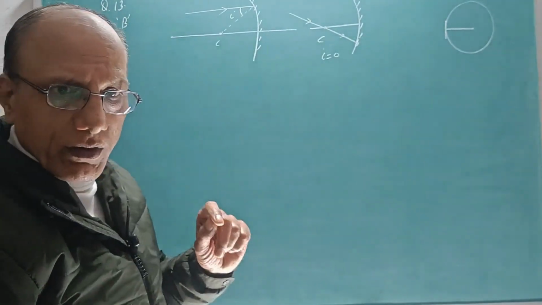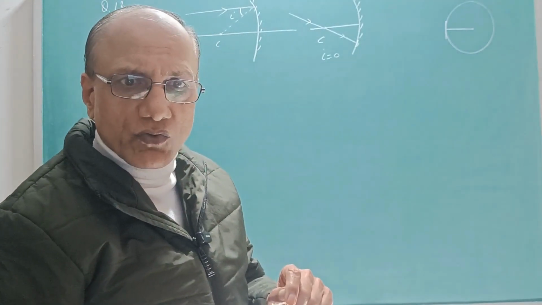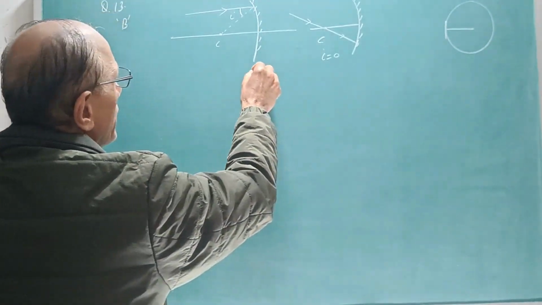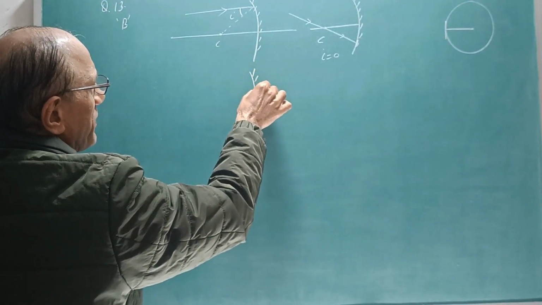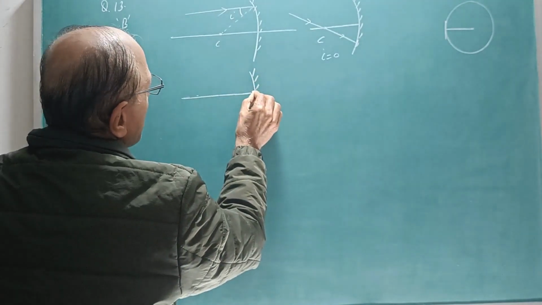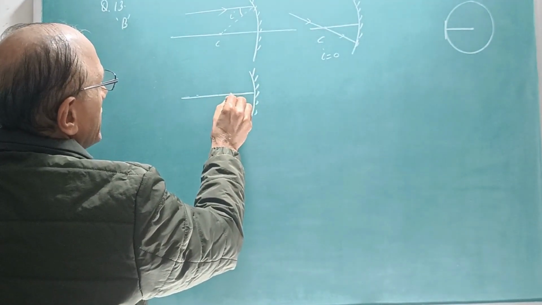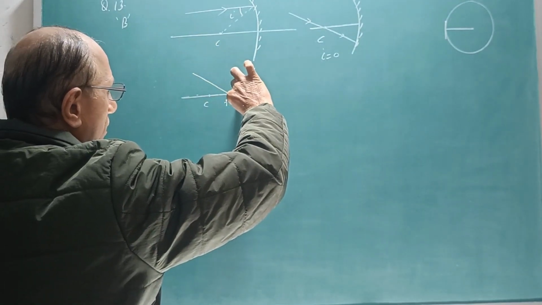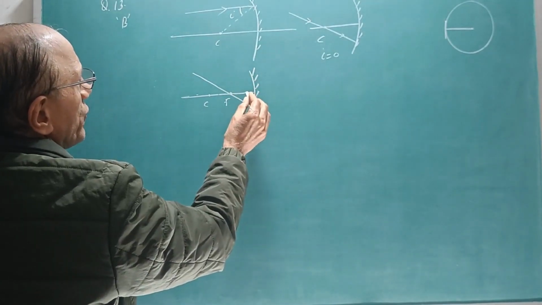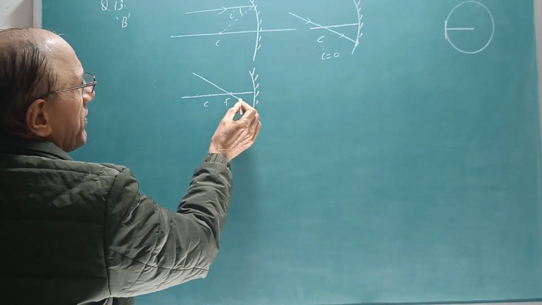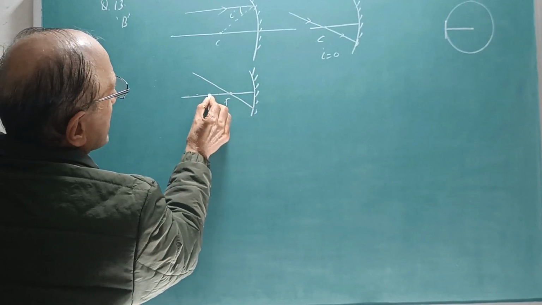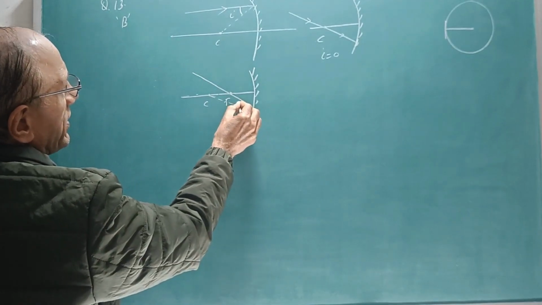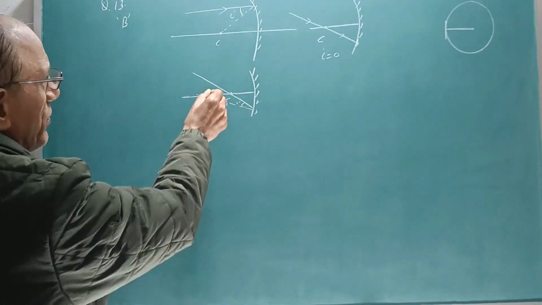Let us check option C, a ray passing through the principal focus and incident obliquely. Here this is the mirror and this is the principal axis, this is the focus, this is the center of curvature, and any ray is incident obliquely through the focus. This time the normal will be this one, so again the i is not 0.